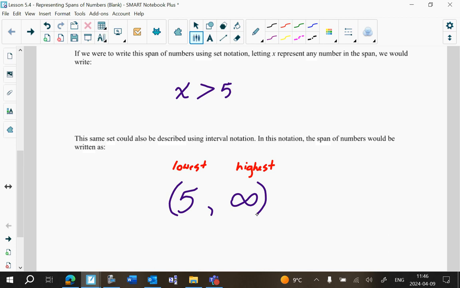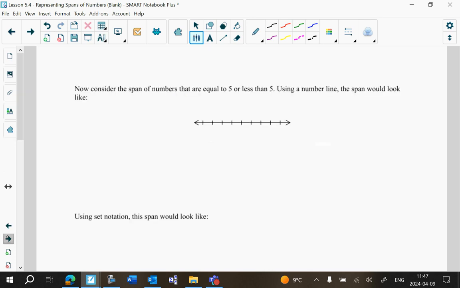Okay, let's look at another example. Equal to 5 or less than 5. So number line notation. How do I do it? Start at the 5. Filled in dot or circle. Arrow to the left.